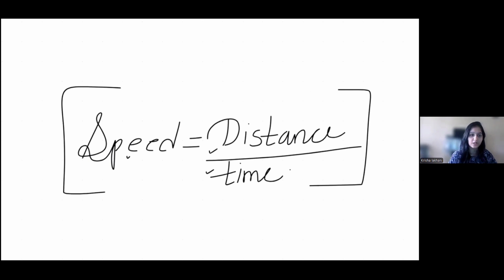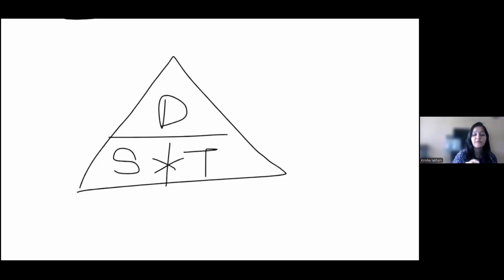Okay. So let me make it very easy for you. I will draw a quick diagram and you will understand how to relate and how to find all the other points. This is the diagram that you have to draw. Here, what does it describe? Distance is at the top, speed is at the bottom, and time is also at the bottom.